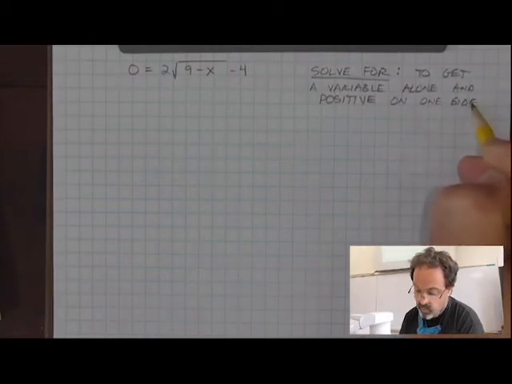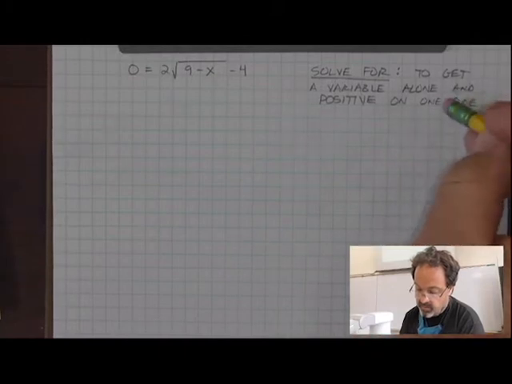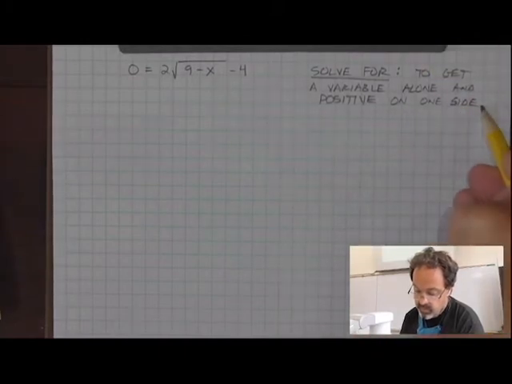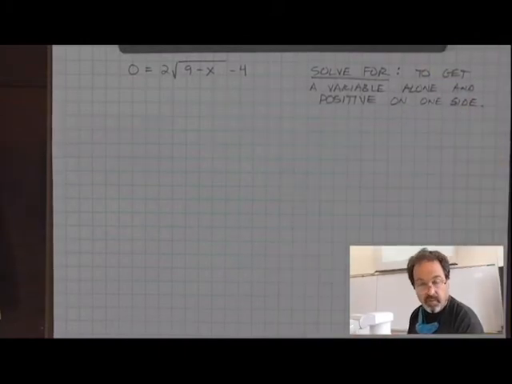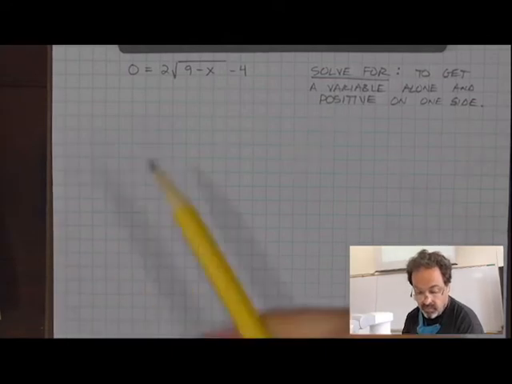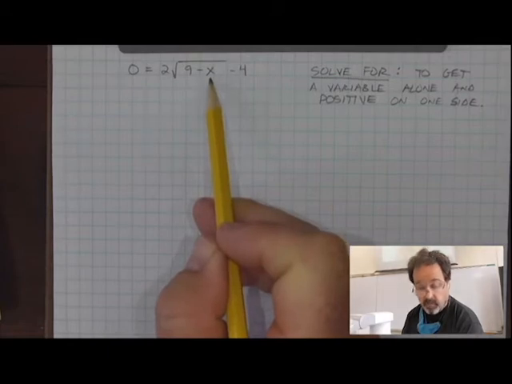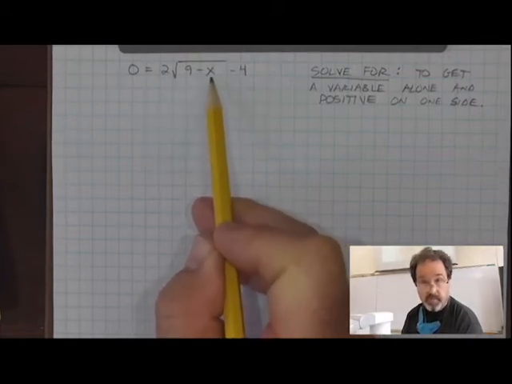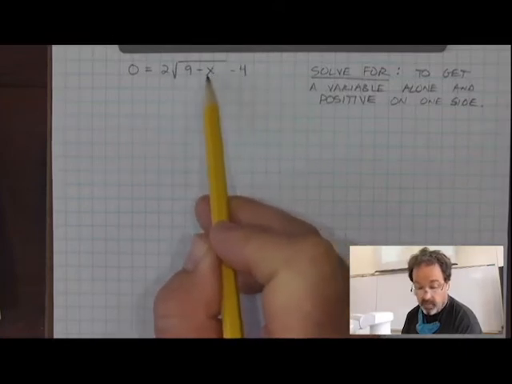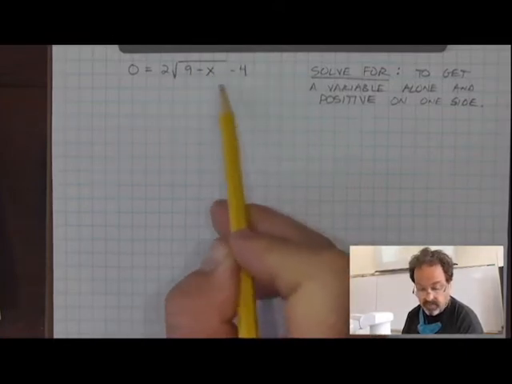And what we mean is one side of the relation or equation. That's what it means to solve for. So to get a solution, I'm going to focus a process to solve for x. Get it alone and positive on one side. It's not alone. There are numbers and operations being done to it on this side.